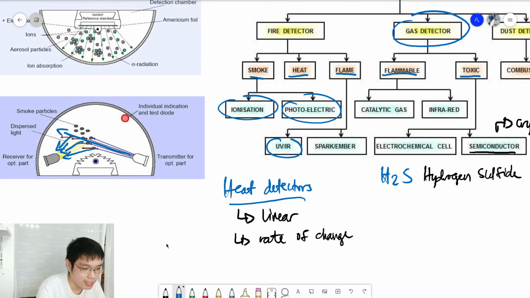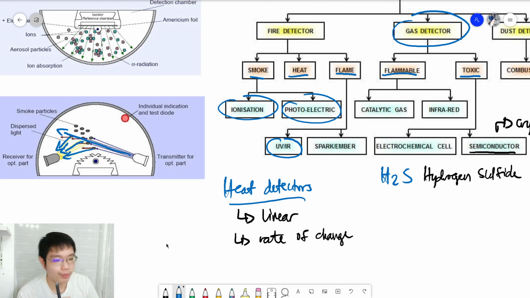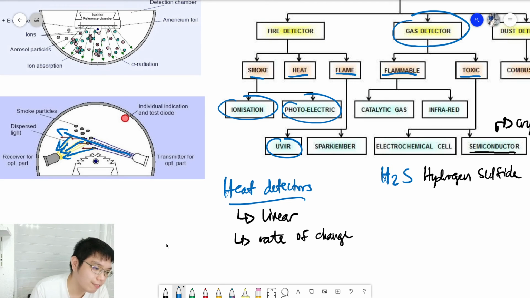So there's the UV and IR sensor, which looks at the ultraviolet and the infrared radiation emitted by the fire itself, as well as the spark and ember detector, which looks at the presence of ember particles in the air, as is present when there is fire.